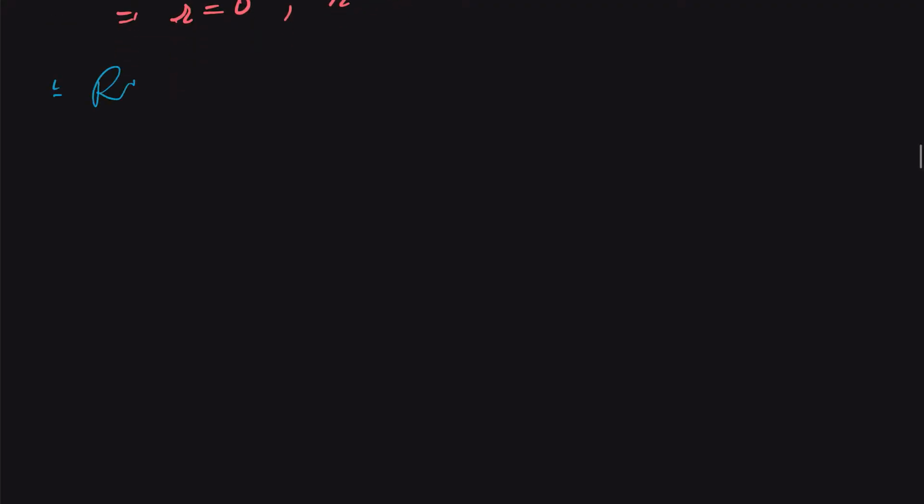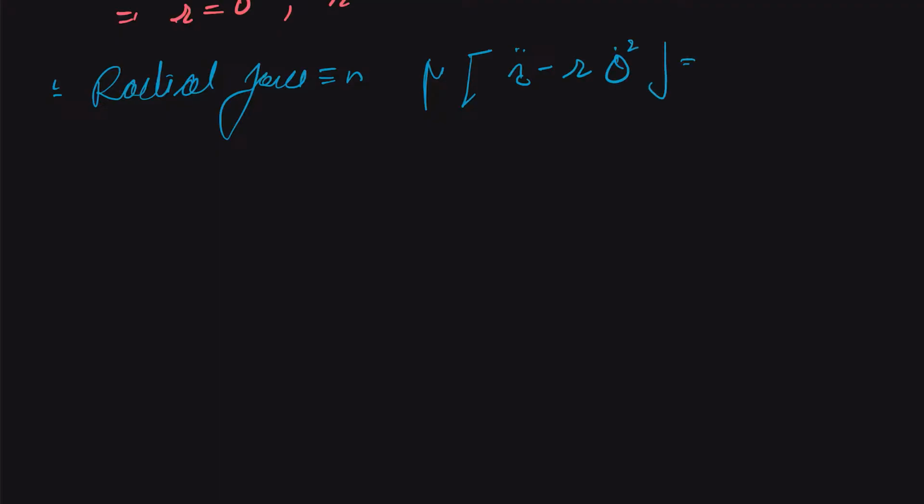You can say we have the radial force equation, which we have already written: mu times r double derivative minus mu r theta dot square is equal to F, and F we know is minus k upon r cube.